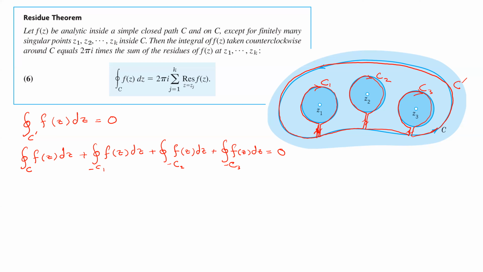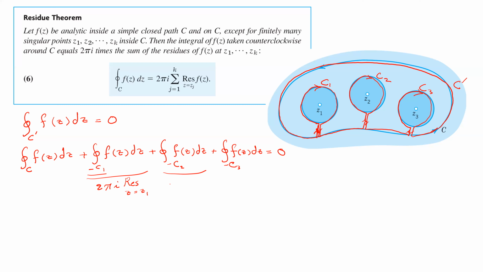And now we know for these C1, C2, C3 that if you go counterclockwise, the integral becomes 2 pi i times the residue at the singularity, right? Now we're going clockwise, but that's why I put negative here. So this part becomes negative 2 pi i times the residue of f(z) at z equal to z1.